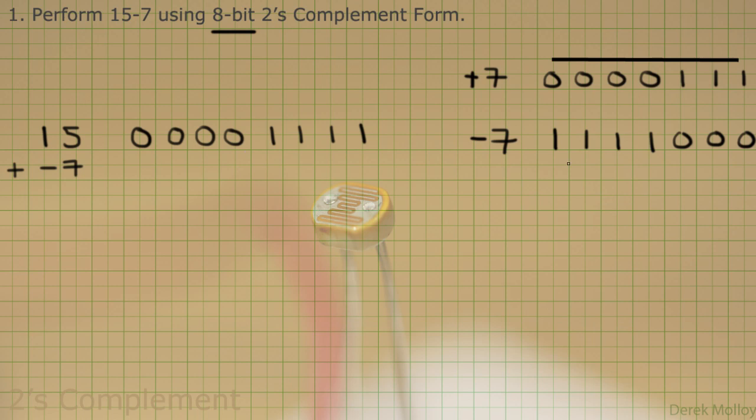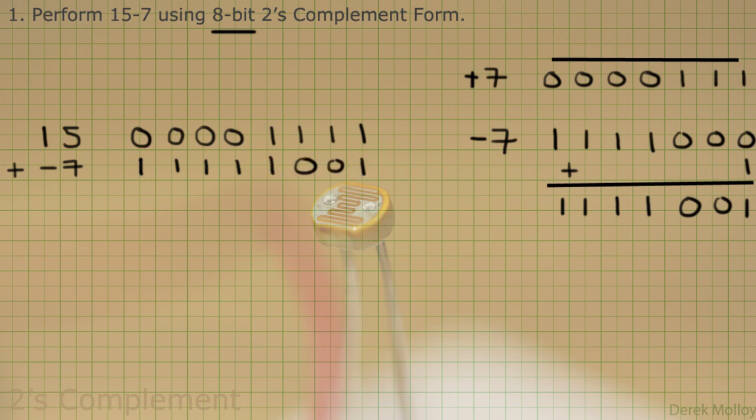And then we add on 1. And to add on 1 onto this gives us 1, 1, 1, 1, 1, 0, 0, 1. So that's the number that we're now adding to our 15. So we've got minus 1, 1, 1, 1, 1, 0, 0, 1.